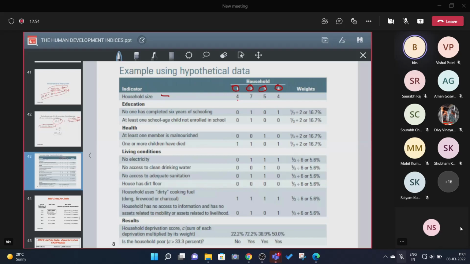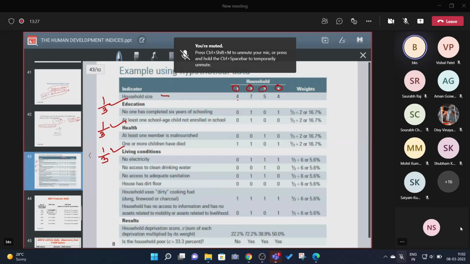Since we have three dimensions, like your education, health, and living conditions, each dimension in MPI is provided with equal weights. So education gets one third weight, your health gets one third weight, and your living condition gets one third weight.